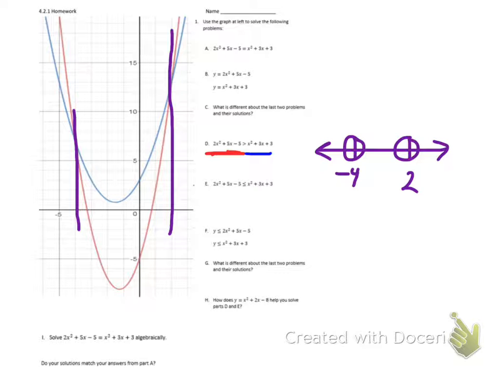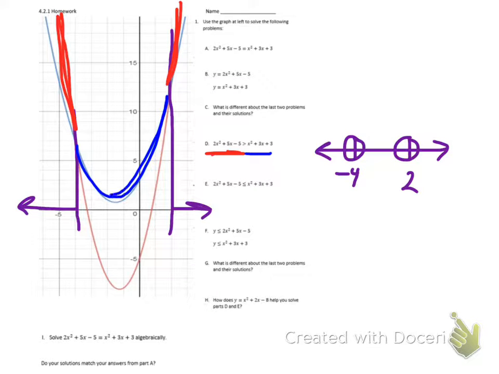Then, for what x values here is the red graph greater? For every x value going this way and going this way, you can see the red graph is above, or has a greater output than, the blue graph. Whereas in between those, the blue graph has a higher output than the red one.